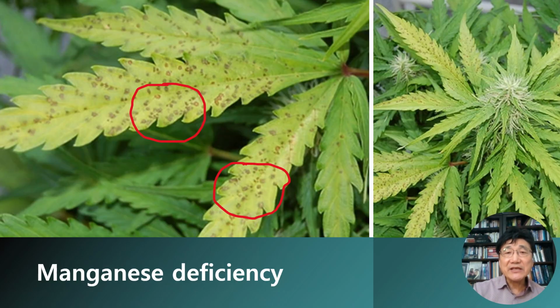Manganese deficiency is generally found in the young leaves. The leaf tissues turn yellow with small areas of tan or brown dead tissue. Notice the necrotic spots on the chlorotic leaf.